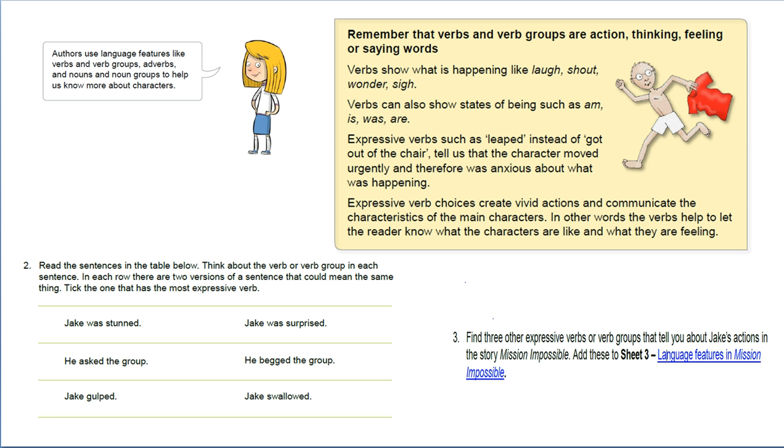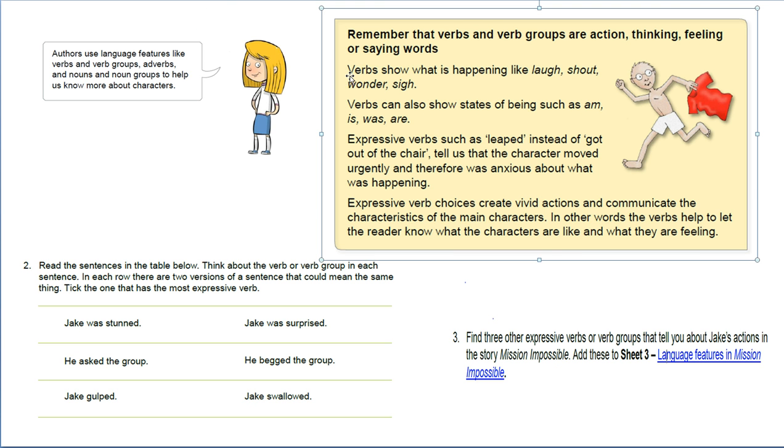To help us understand Jake as a character, Morris Gleitzman uses verb groups to describe his actions and to show what's happening to him or what is happening in the story. He can use expressive verbs such as leaped out of the chair instead of got out of the chair.